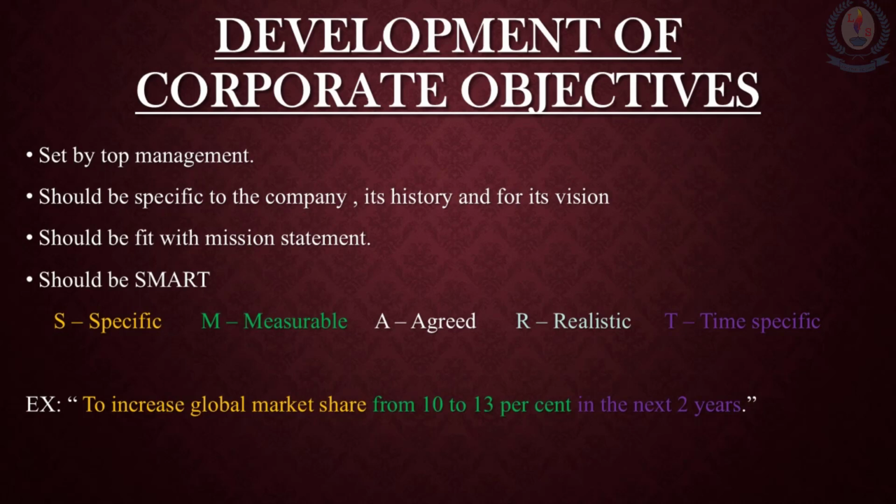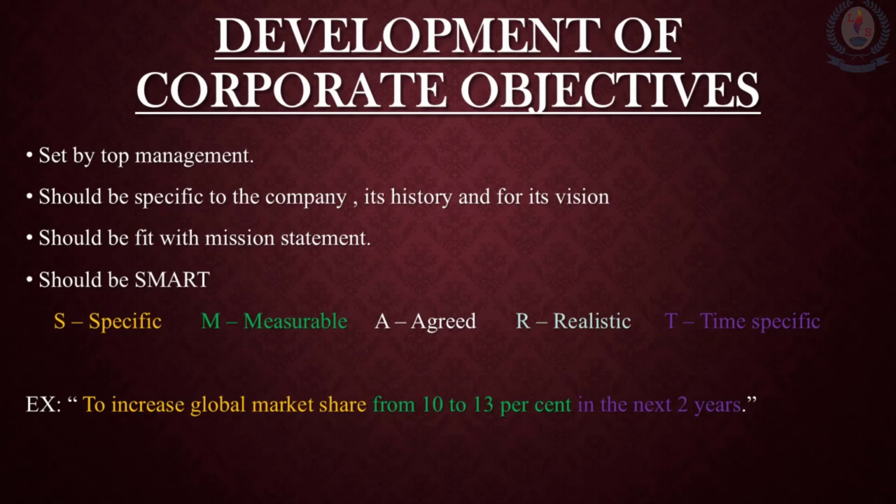You may have heard this before about the smartness of a certain thing. Especially the smartness of a corporate objective refers to it should be specific, measurable, agreed, realistic and time specific. Look at the example that I mentioned in this slide.